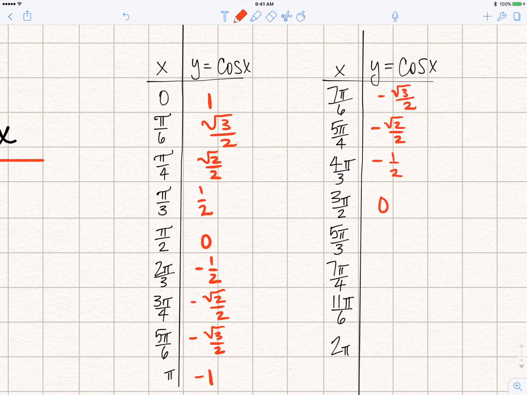Fourth quadrant, the cosine at 5 pi over 3. Now we're going to the right, so it's positive again, positive 1/2. Cosine of 7 pi over 4, positive root 2 over 2. Cosine of 11 pi over 6, positive root 3 over 2. And then back to the beginning, cosine of 2 pi is 1.